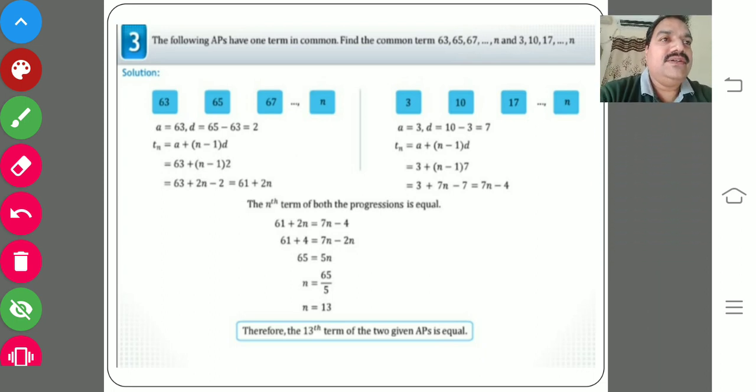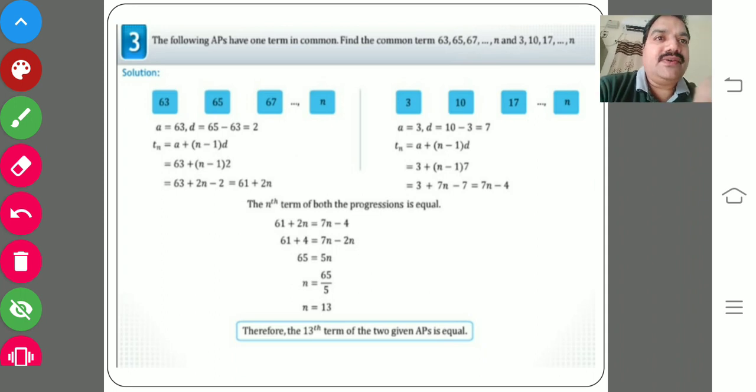This is a different kind of problem. The following APs, arithmetic progressions, have one term in common. Find the common term. The first is 63, 65, 67 up to n, and the second is 3, 10, 17 up to n.